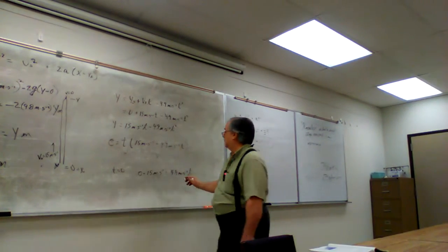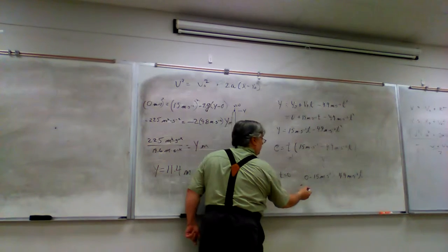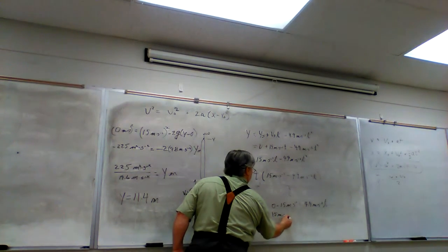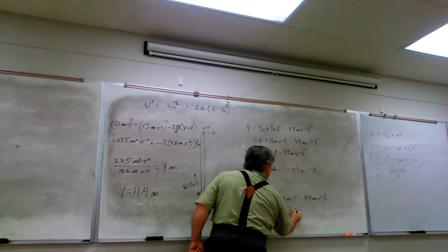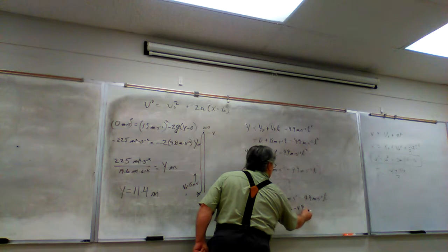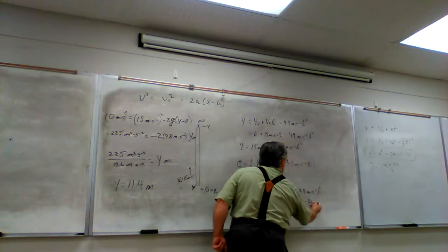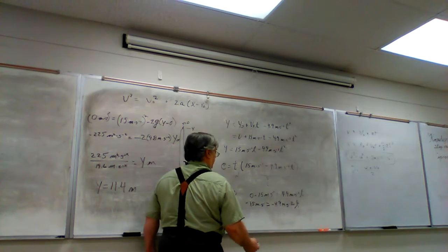times t. So, am I blocking too many people's view? Minus 15 meters per second is equal to minus 4.9 meters per second squared times t. Divide both sides by minus 4.9.